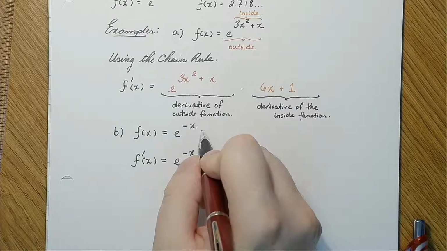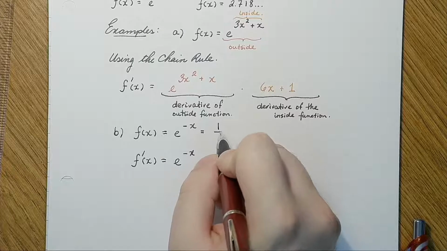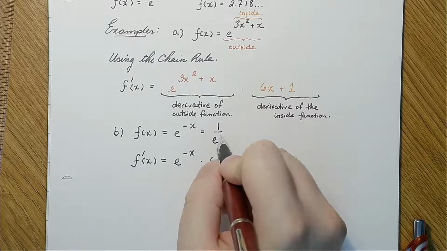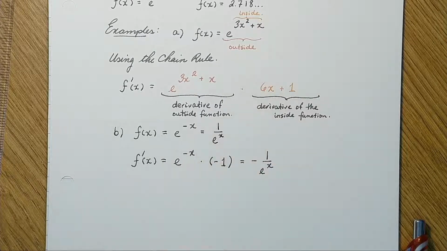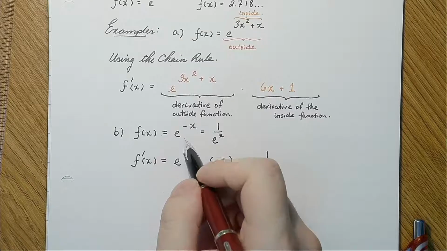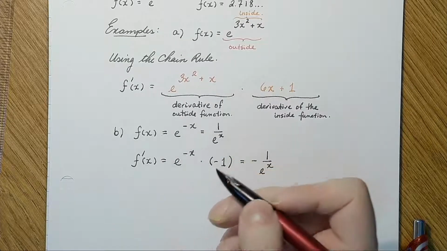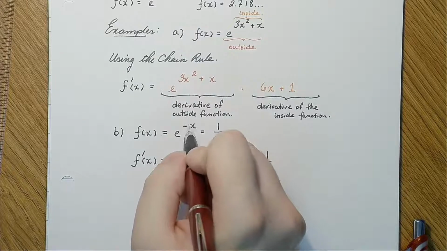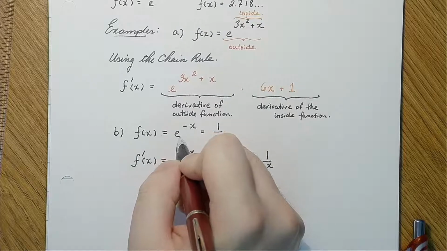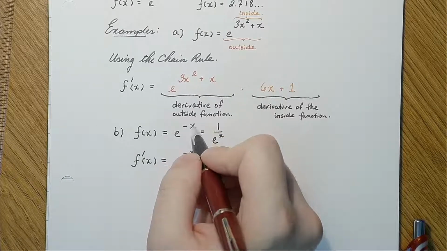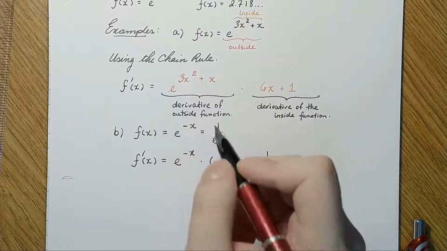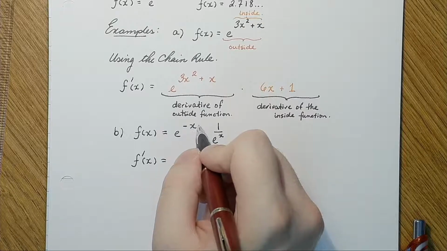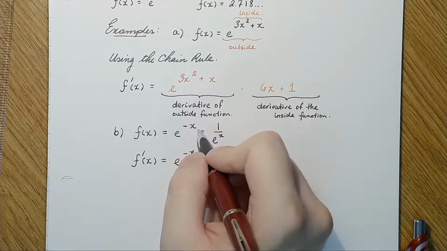So again, you're just thinking e is a constant. You're seeing just that as a number, and then it's raised to the x. Again, the same rules apply for your exponents.